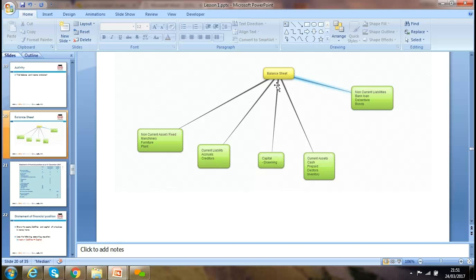Then we have capital. Drawings means any money you use for personal use. Then we have non-current liabilities. Anything which we need to pay more than a year's time, that's what we call non-current liability. Current is what we need to pay within a year, and non-current we need to pay in more than a year's time. Bank loans, debentures, bonds are all called non-current liabilities.